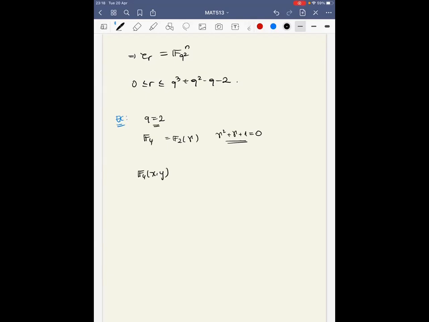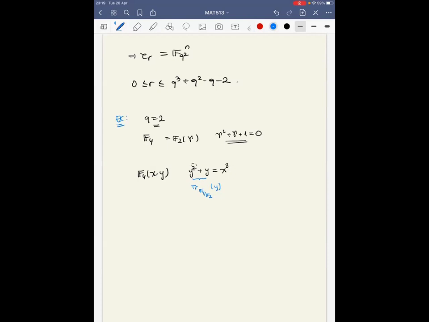If Q is 2, we define it as F4 adjoining X and Y, and X and Y satisfy the equality Y squared plus Y equals X to the Q plus 1. Here we can also view this left-hand side as the trace of the function Y.